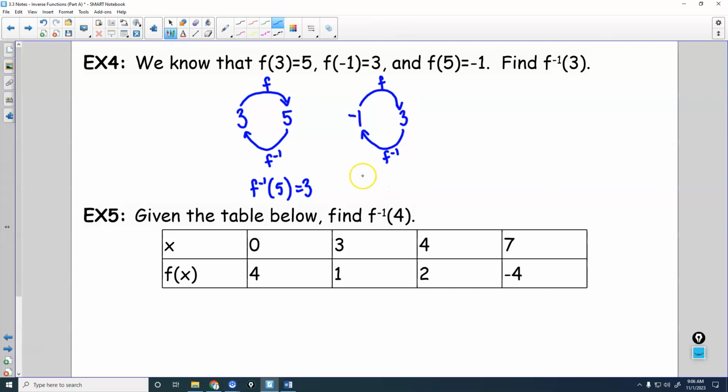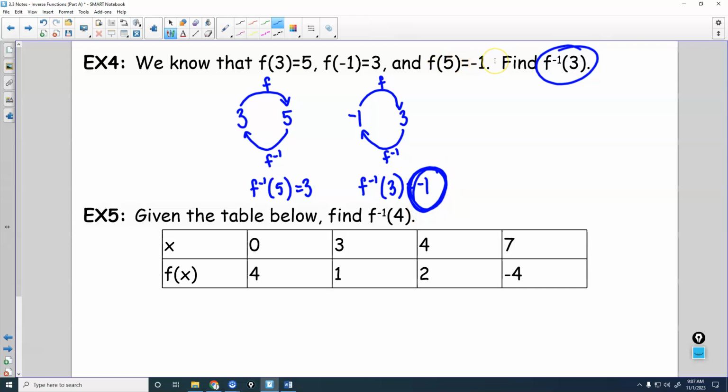So f inverse of 3 equals -1. Is this what we're looking for? Yes. So right there is our answer, -1.